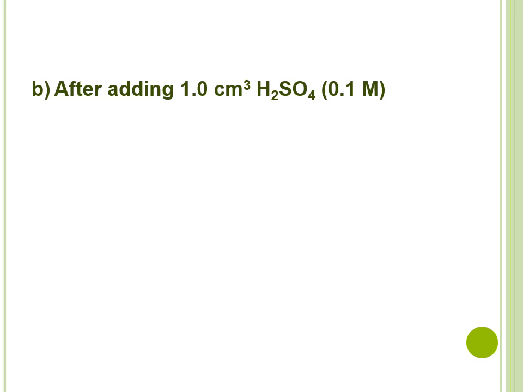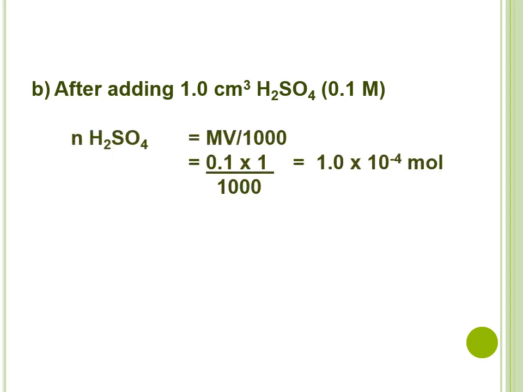This time around, we're going to use sulfuric acid. Now, when we're dealing with sulfuric acid, it's a bit tricky because for 1 mole of sulfuric acid, there will be 2 moles of H+. So the first thing that we need to do is find the number of moles for sulfuric acid. 0.1 is the molarity, multiplied by the volume, 1 ml over 1,000 to convert it into liters, and we get 1 times 10 to the power of negative 4 mole.